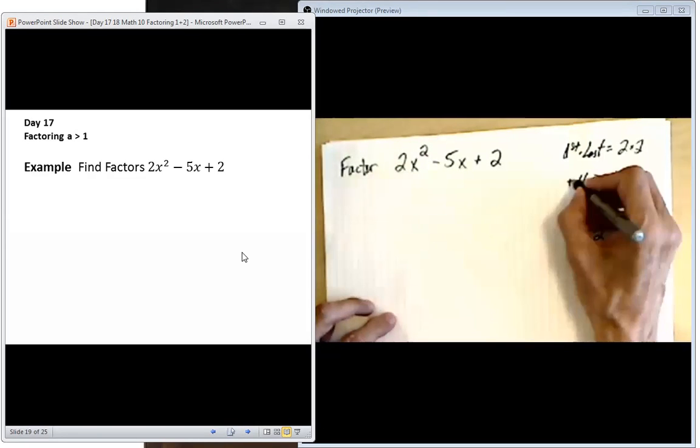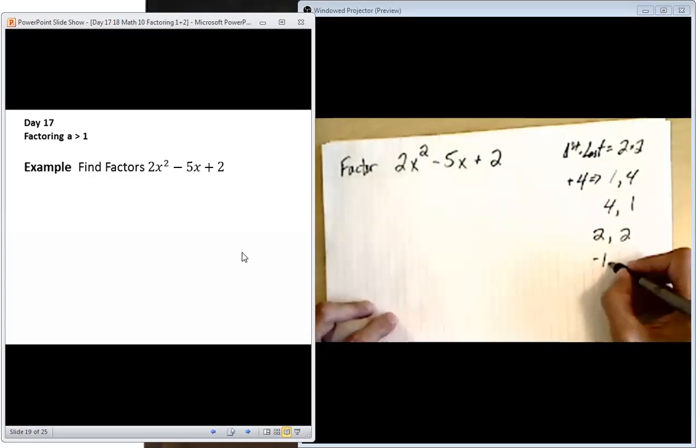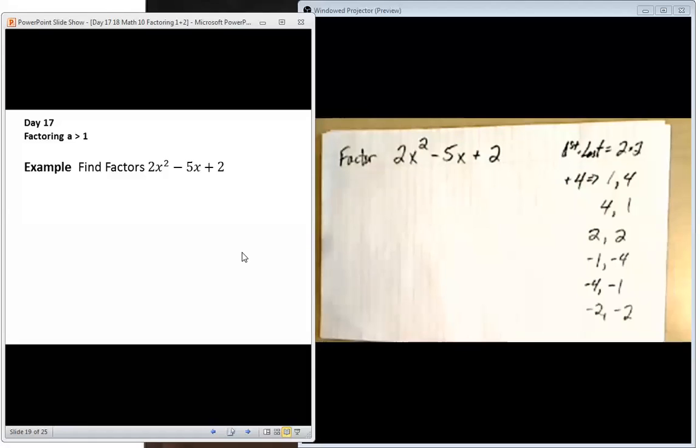So you've got to keep track of the signs as well. That means we've got minus 1 times minus 4. If you like, this one's kind of extra. We can figure that out later on. And then we've got minus 2 and minus 2. So that's the list that we are working from there.